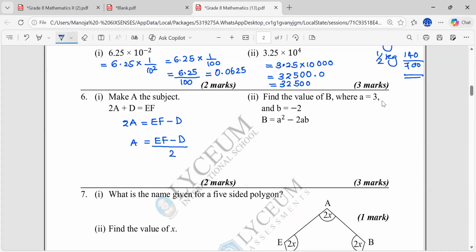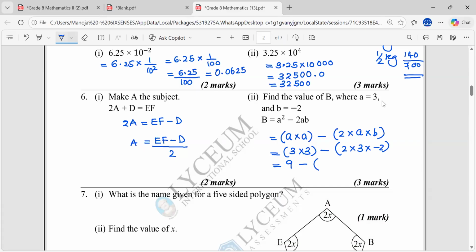Okay. Then find the value of B. They have given the equation B is equal to A squared, that means A times A, minus 2 times A times B. Then you can substitute these values. A is equal to 3, and B is equal to negative 2. 3 times 3, 9.